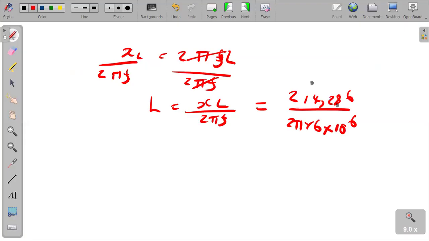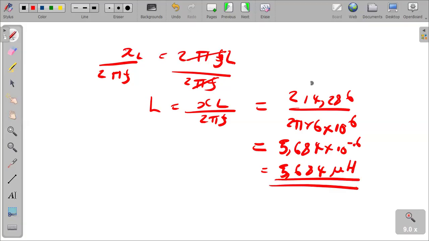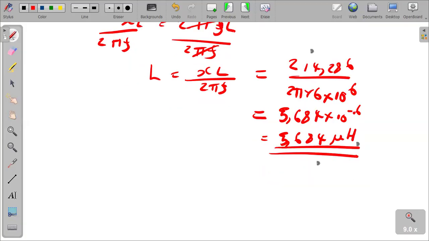If we punch this on the calculator, we get 5.684 times 10 to the power of negative 6, which is the same as 5.684 microhenries. Micro is 10 to the power of negative 6. That marks our calculation there.